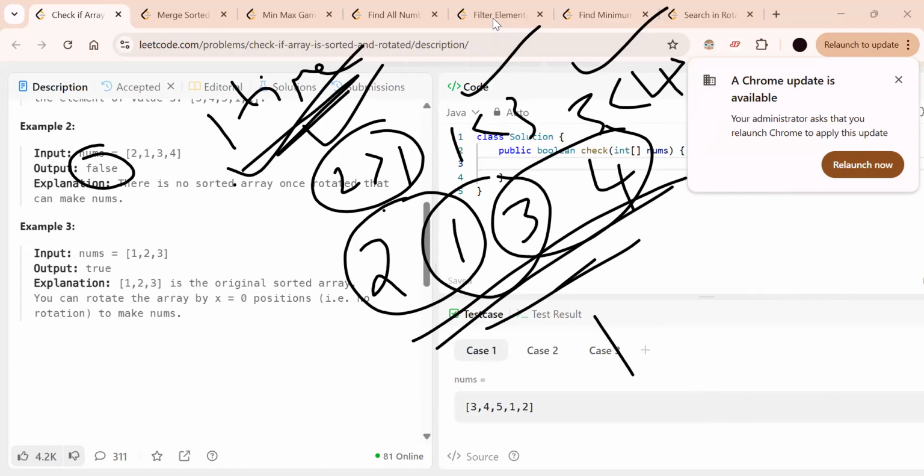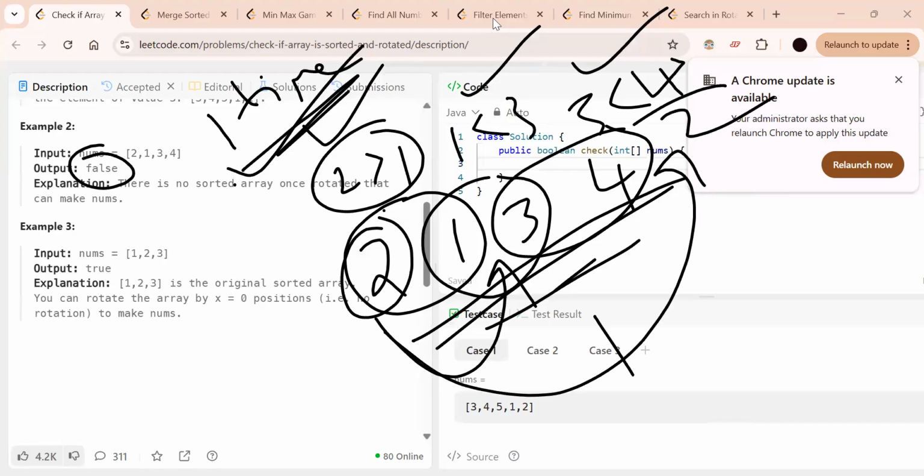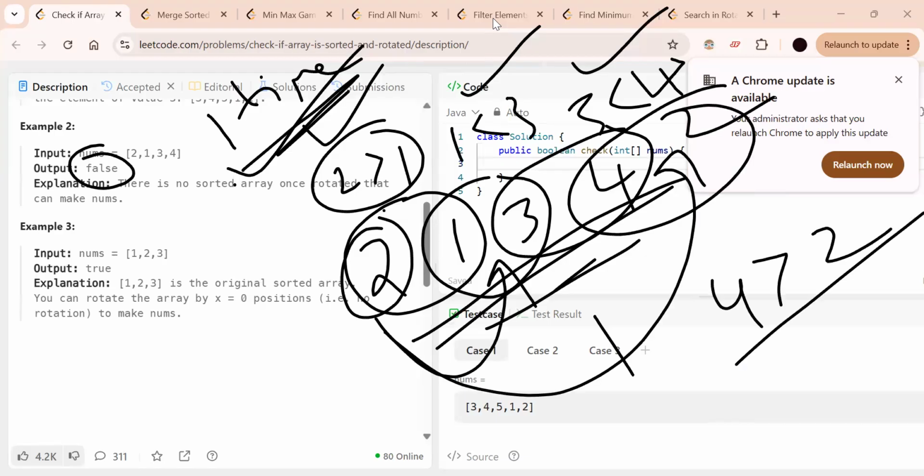Valid rotated sorted array. Why? Because here comes the trick. This 2 should fall here, but it is going back to here, where 4 is greater than 2, which means your first element should always be greater than the last element. If not, what do we have to do, guys?